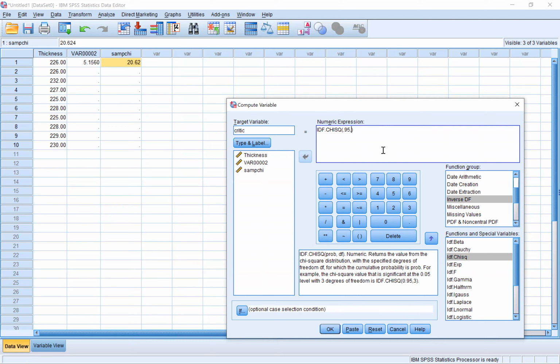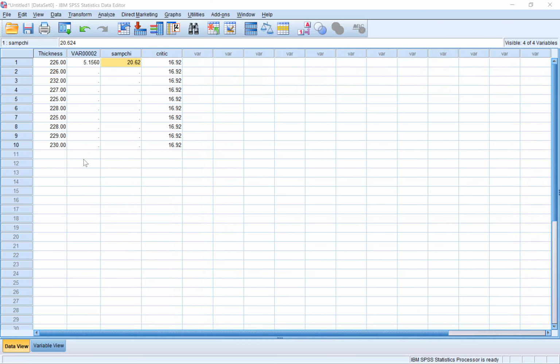And over here, I have the number of degrees of freedom, which is 9. So when I compute that, I get 16.92. That means since sample chi-square turned out to be bigger than this number, I can reject it.